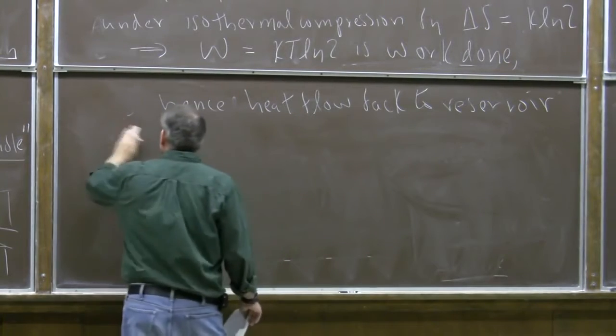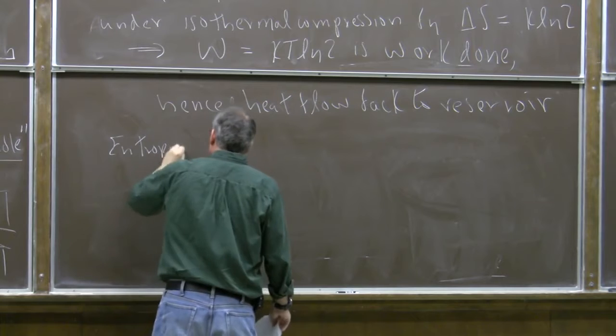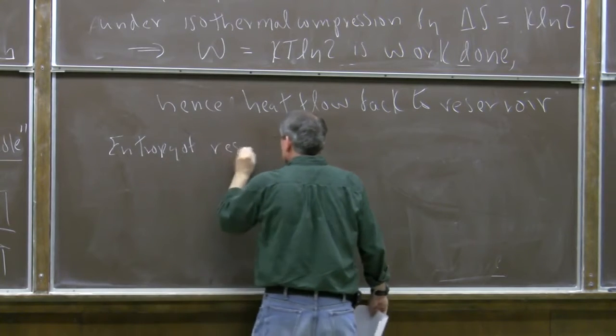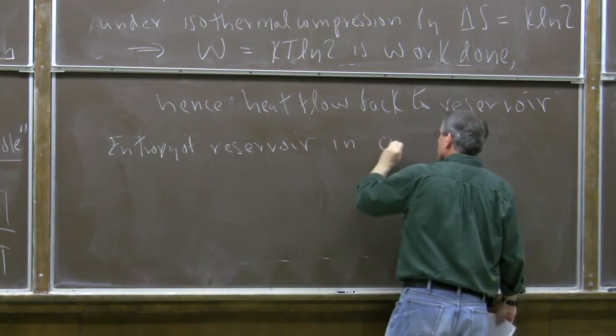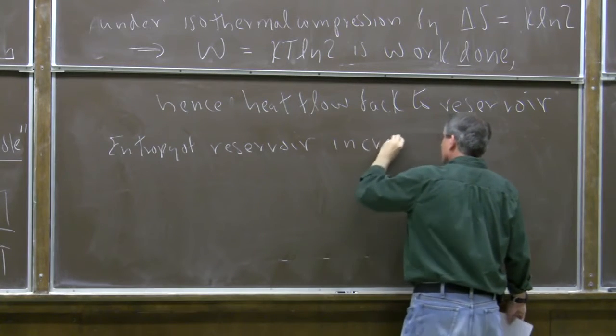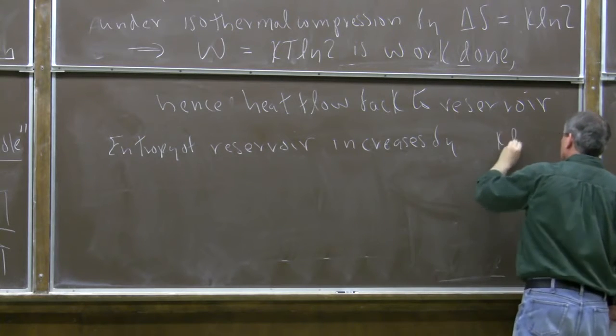So the entropy of the reservoir increases by k log 2.